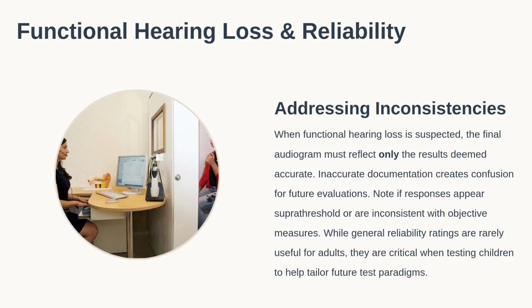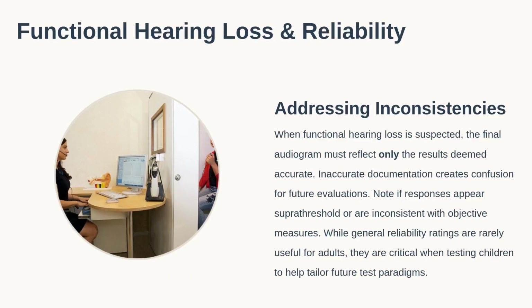Finally, how do we document when a patient isn't giving us accurate responses, such as functional hearing loss or non-organic hearing loss? The golden rule is your final audiogram for the permanent record should only reflect accurate results. Don't plot fake thresholds just because you got them. It ruins the record for future clinicians.